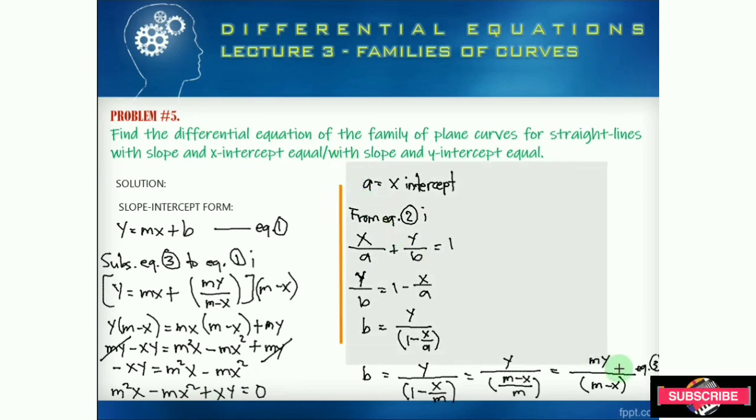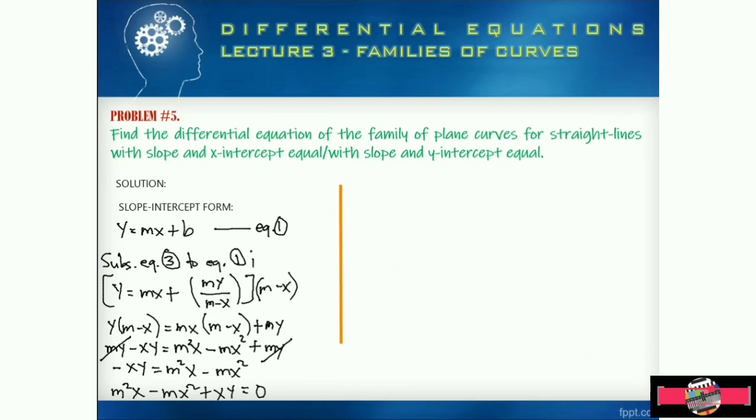So proceeding, we will have now this common term here, x, so we can move out this x. So we have here x times this m squared, so we move out the x here, so what remains is m squared minus mx, and then plus xy, so we move out the x plus y.